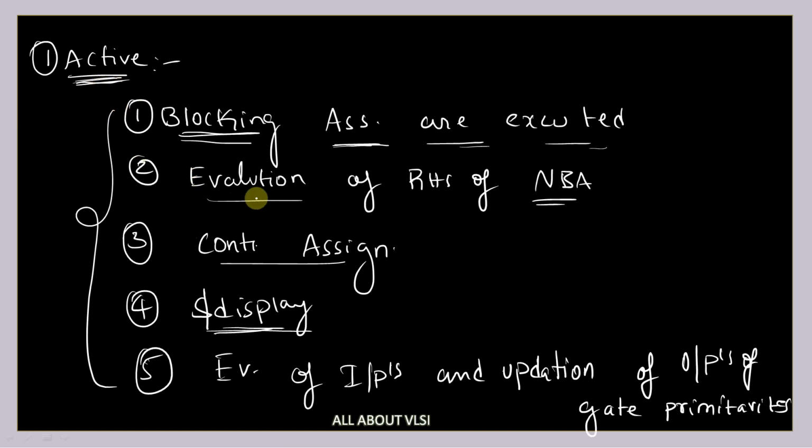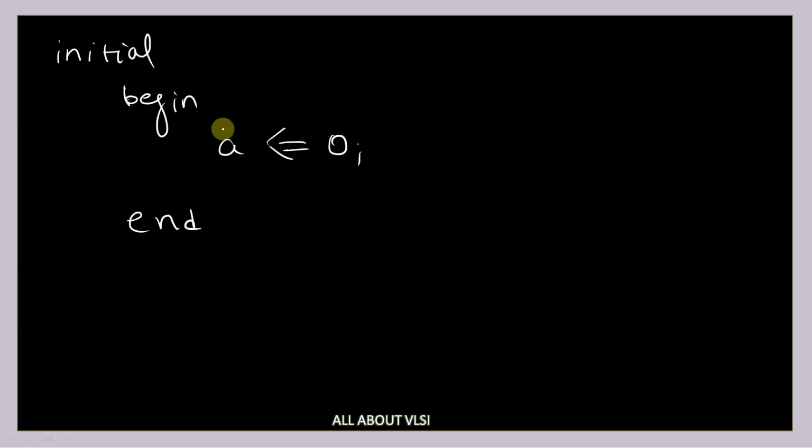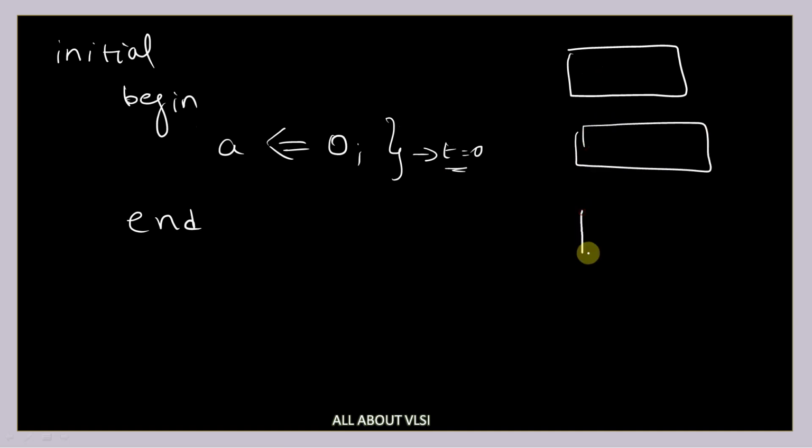What is present here? Evaluation of RHS of non-blocking assignment. This is my time slot t is equal to 0. For this time slot t is equal to 0, events will be created: active region, inactive region, NBA region, and postponed region.